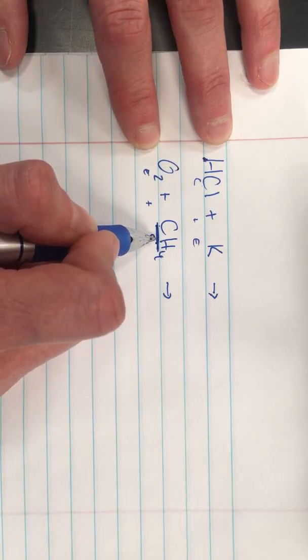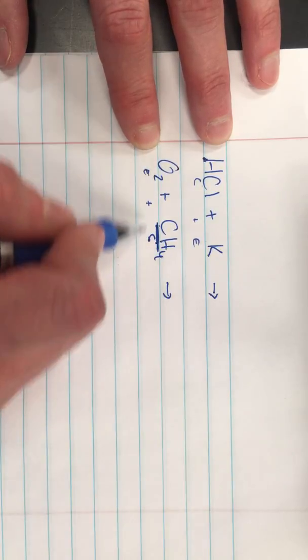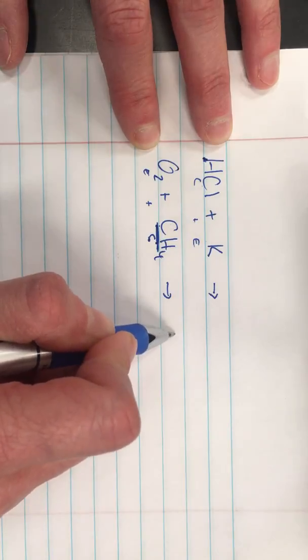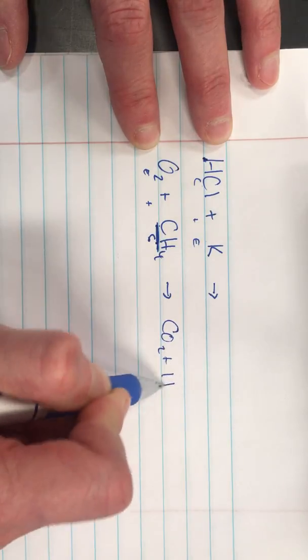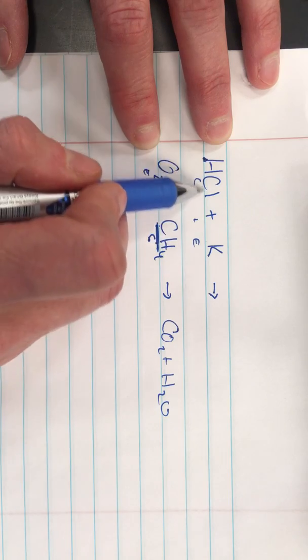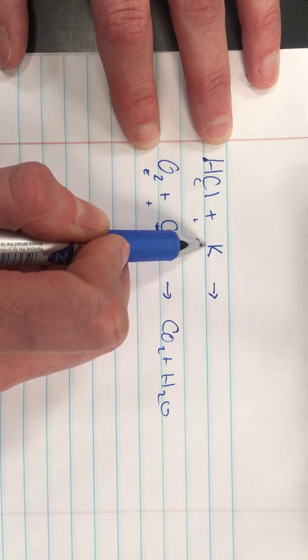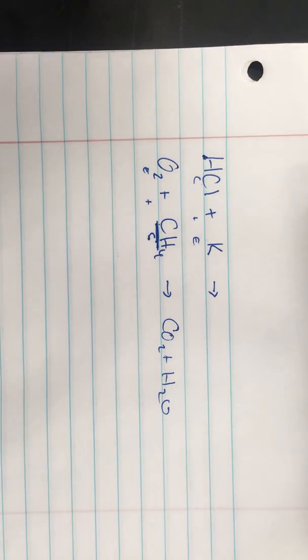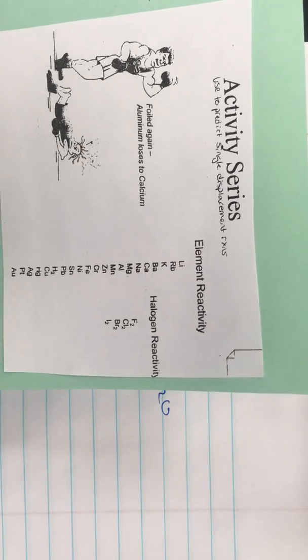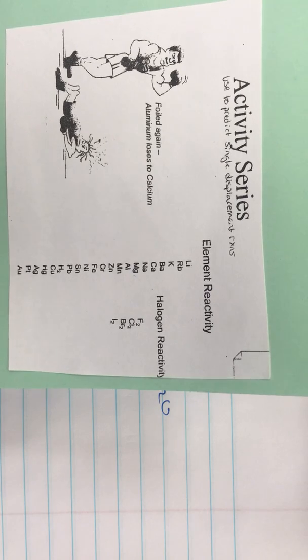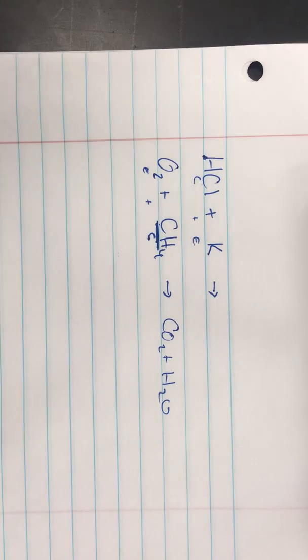And as soon as you see that hydrocarbon reacting with the oxygen, it always will yield carbon dioxide and water. This one up here, you have to ionize. You have to check your activity series to see if the element is strong enough to kick out the other element in the compound, and then you can predict the products. So I hope that that helps.